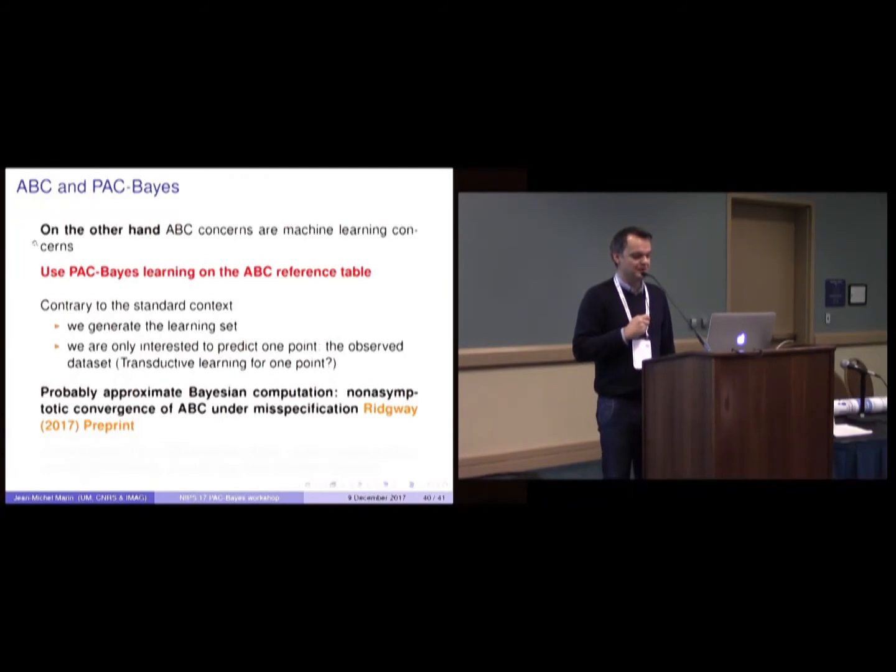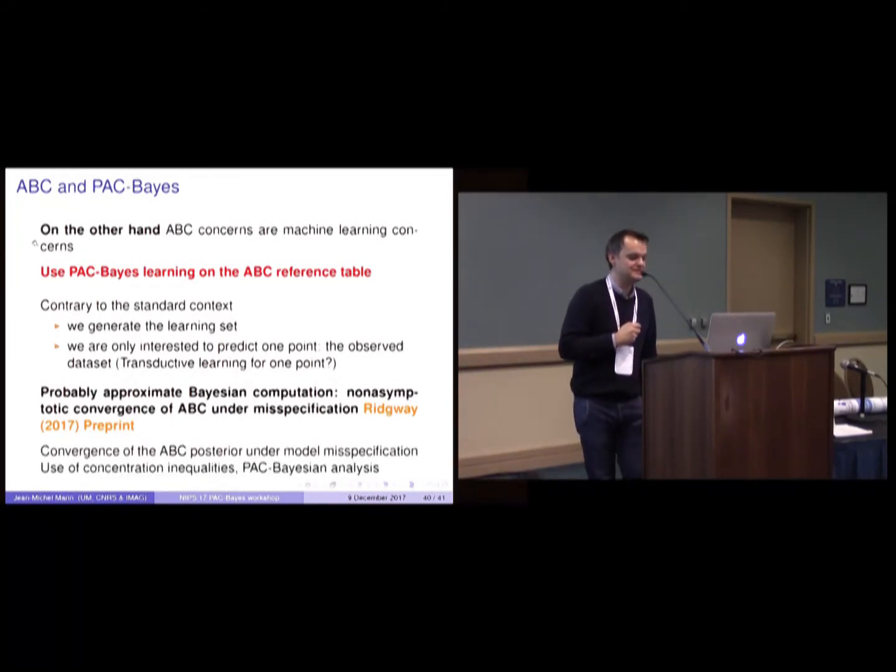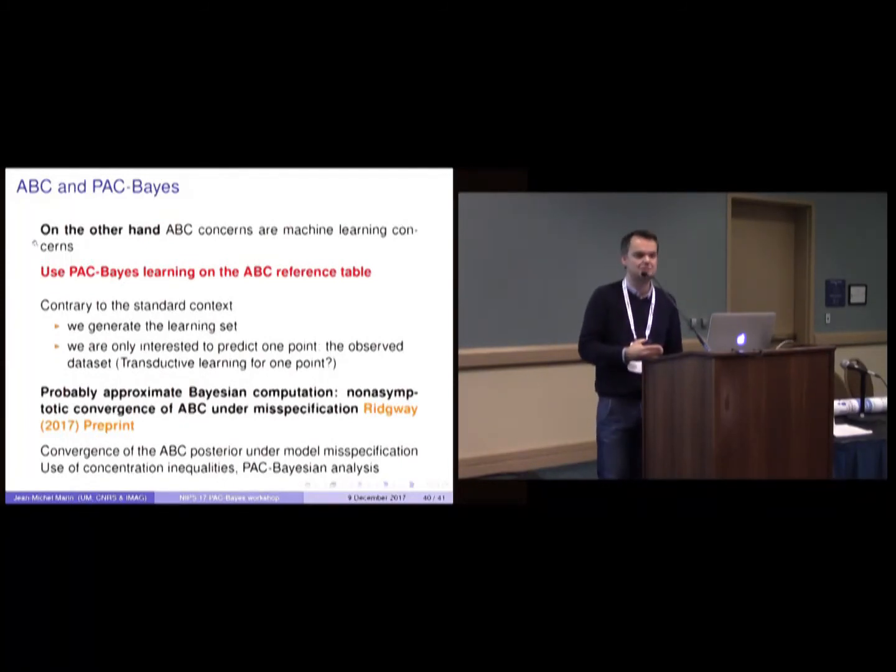Moreover, there is this very nice preprint from Ridgway who studies the convergence of ABC posterior under model misspecification, and he used concentration inequalities. We saw a lot of concentration inequalities this morning.